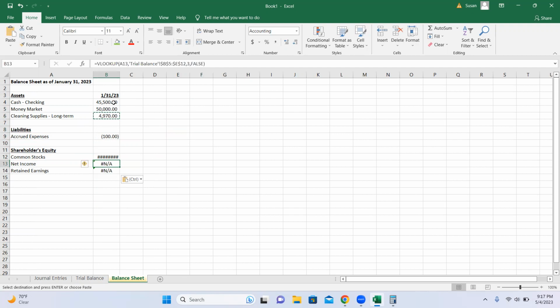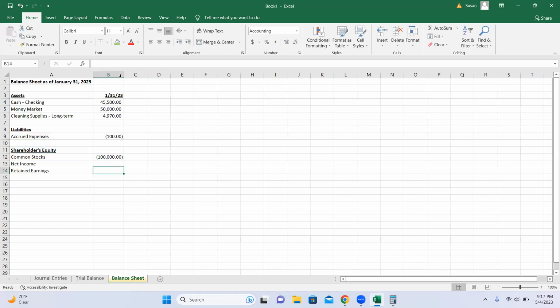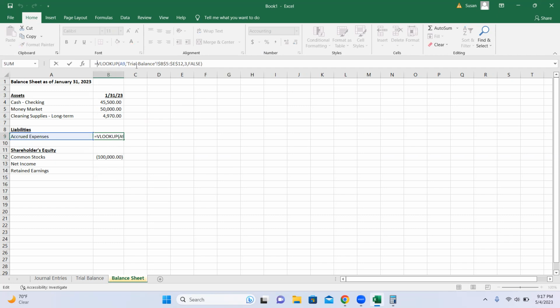And these two won't pull from the trial balance because these pull from the income statement. So I will leave these two out by deleting the formula. And because these are credits, it's showing as a negative balance, but you can always put a negative to the formula to make it positive.